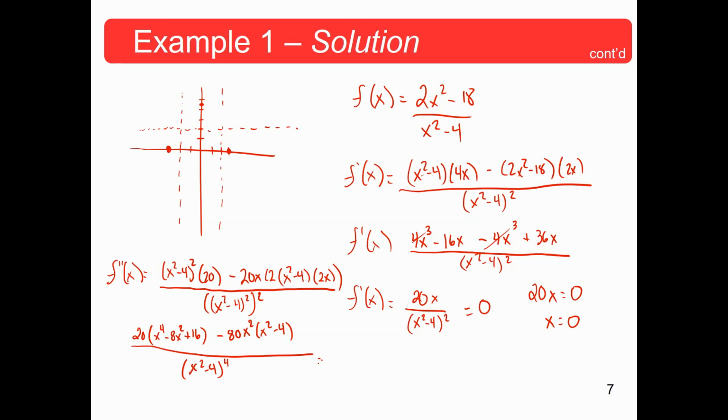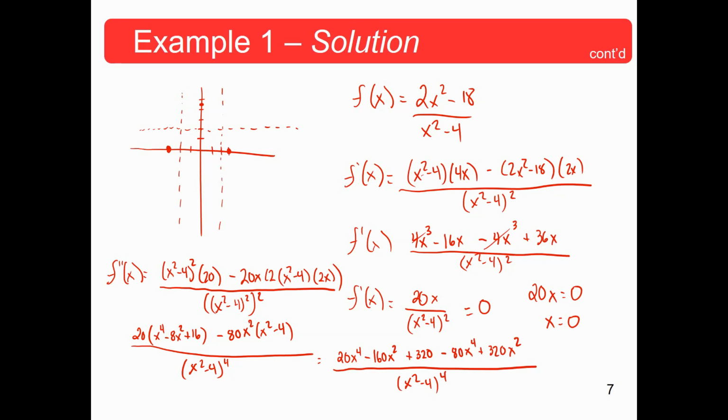So this is going to give us 20x to the fourth minus 160x squared plus 320 minus 80x to the fourth plus 320x squared all over x squared minus 4 to the fourth.